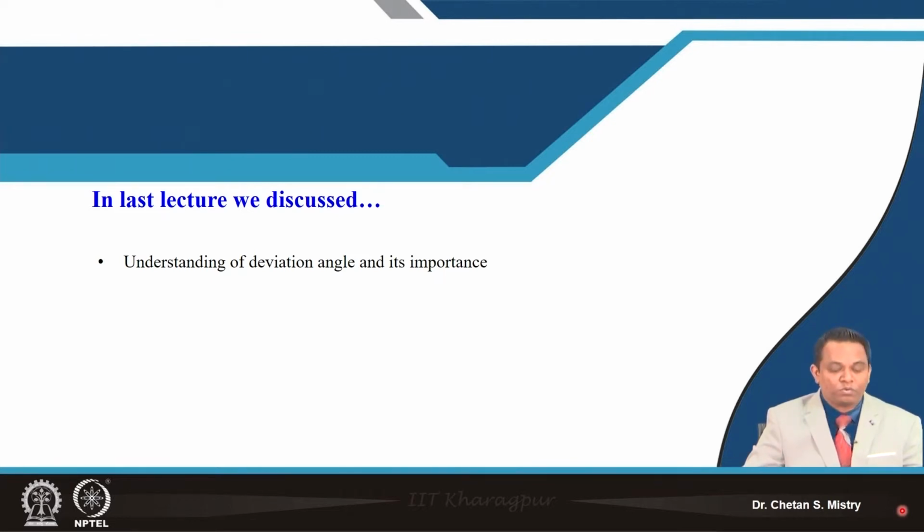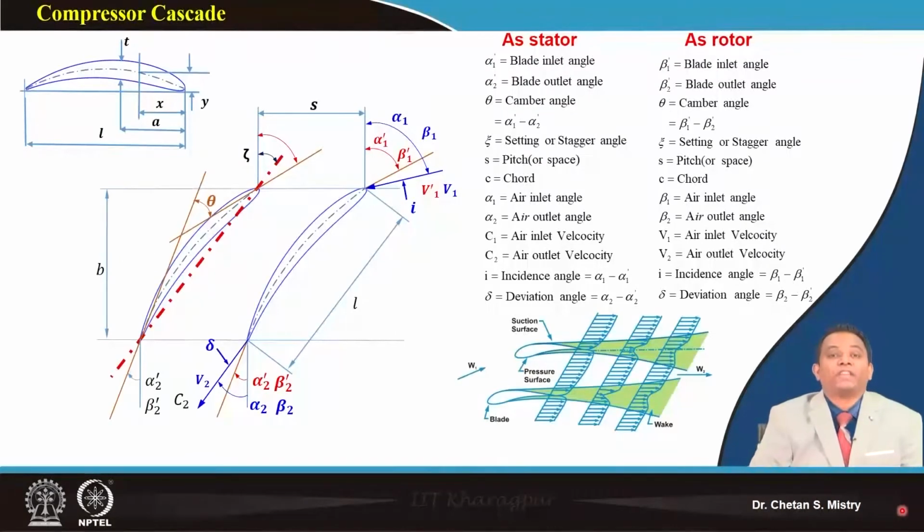Now let's move to the next configuration. Here, looking at it one by one, at the entry we have discussed the incidence angle, and at the exit we have discussed the deviation angle. Now there is one more angle, which we define as the stagger angle.